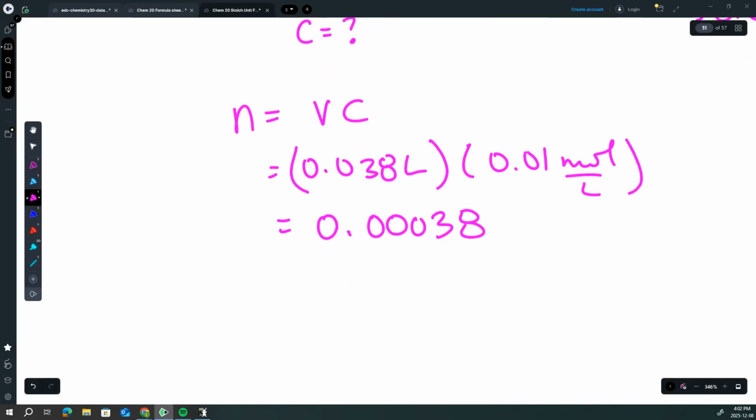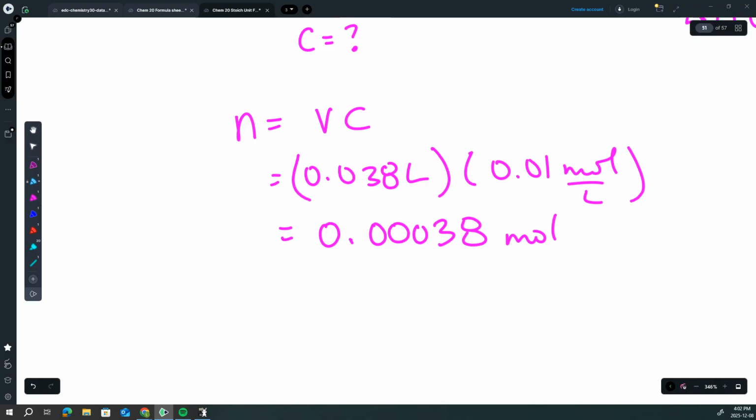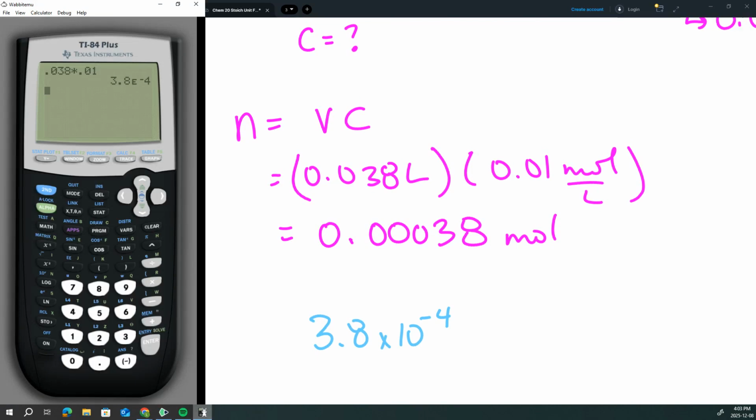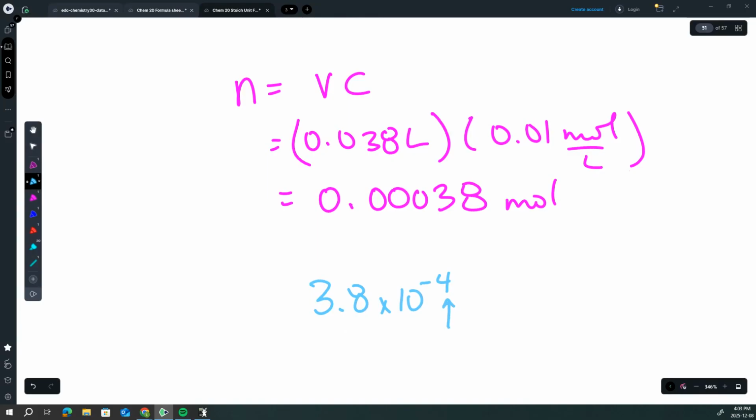Okay, so how this is the same number is that if we look at 3.8 times 10 to the negative 4, which is what I got in my calculator here, the negative 4 is just telling me that I need to move my decimal 4 spots to the left, because a negative exponent just means that your number is in between 1 and 0. Okay, so moving my decimal 4 spots to the left, 1, 2, 3, 4, right?